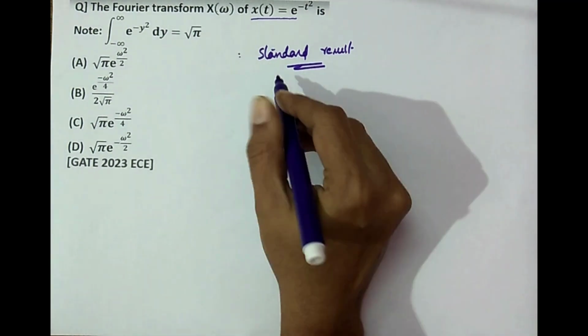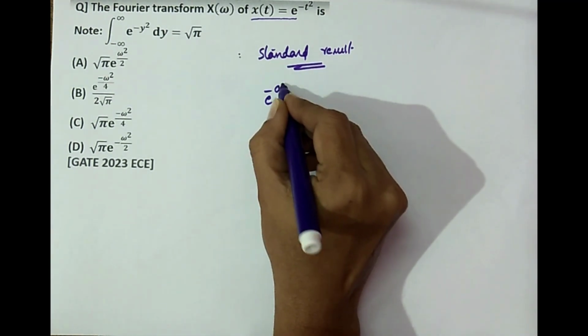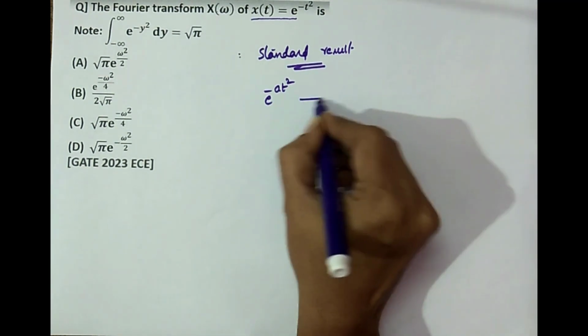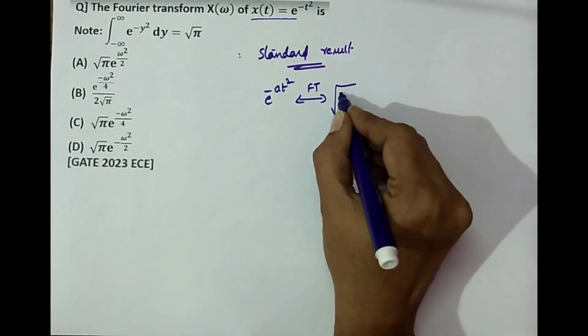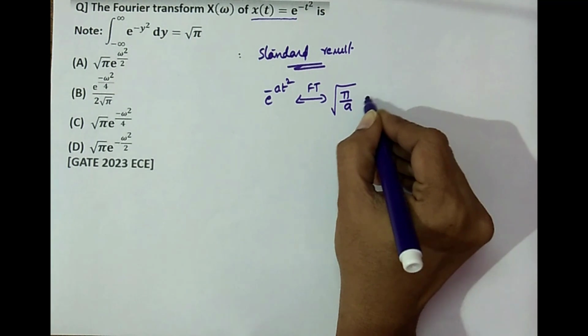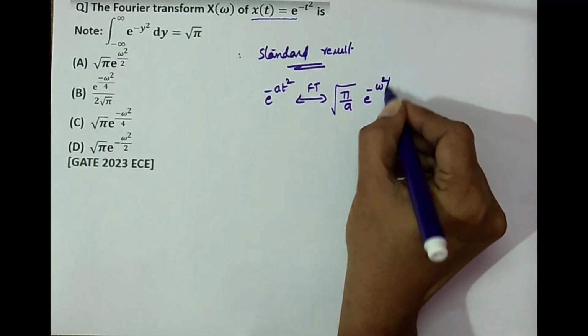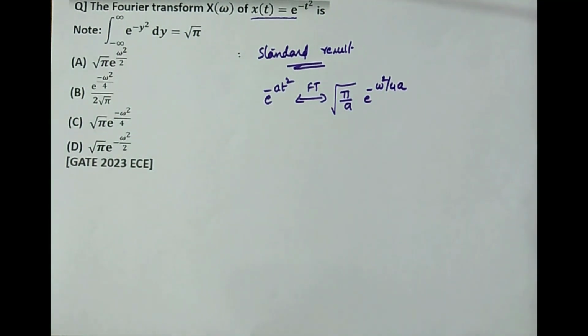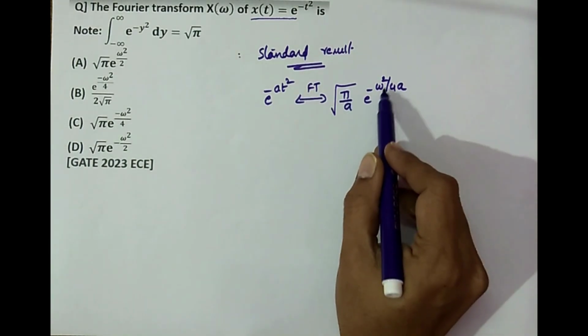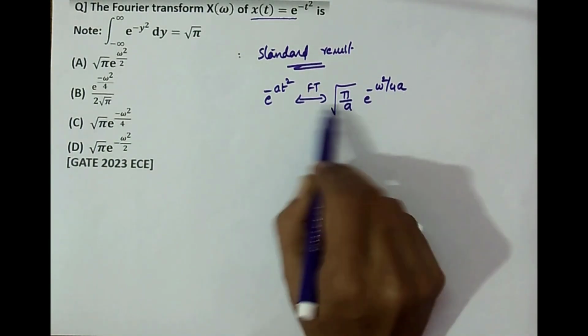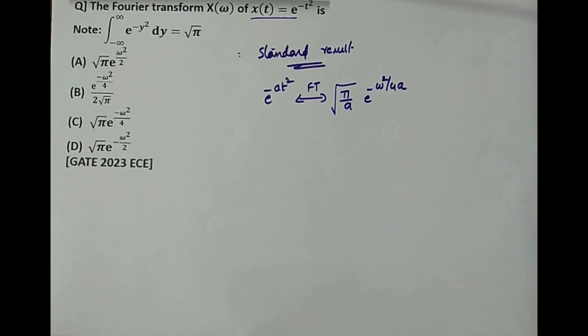The standard result is e power minus a t square is in pair with root pi by a e power minus omega square by 4a. That is a standard result. Both are in a Fourier transform pair.